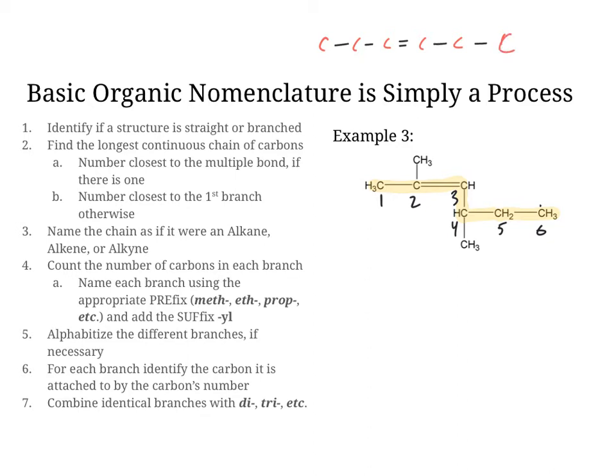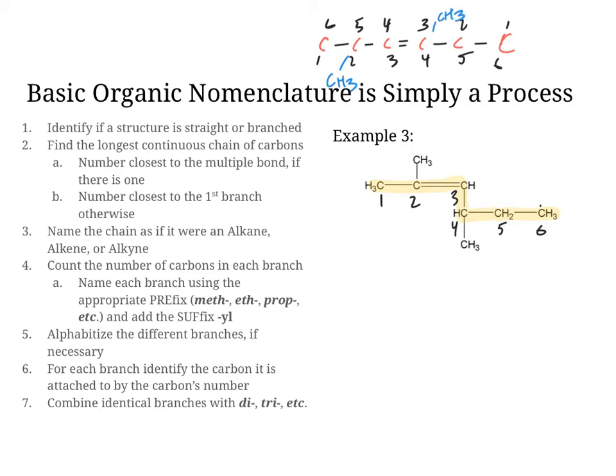so if I numbered this one, and I know I'm taking a little bit of a tangent here, but this is important. So either way I number this chain, I would be at the third carbon, so I can go left to right. So the way that we would break the tie is if there was a branch and we did something like this here, or we did something like this here, right?